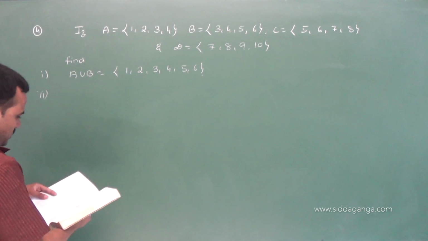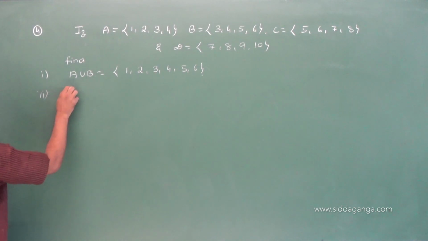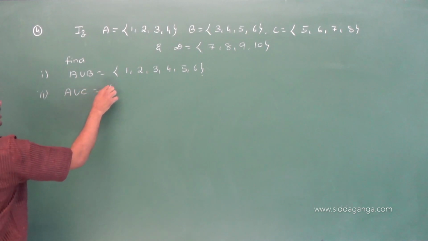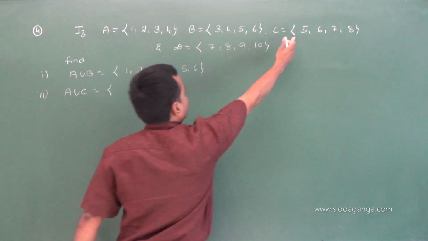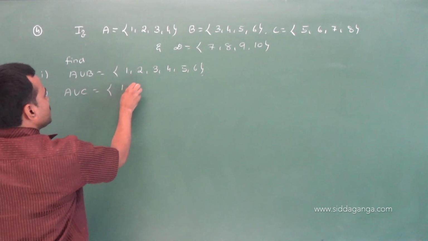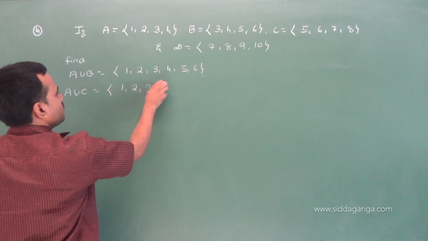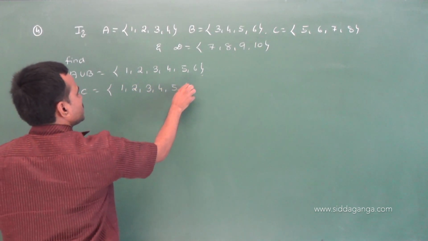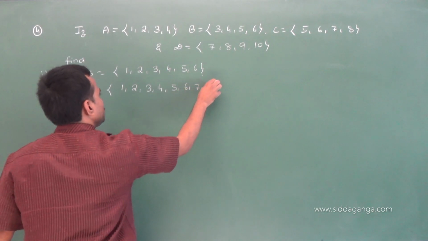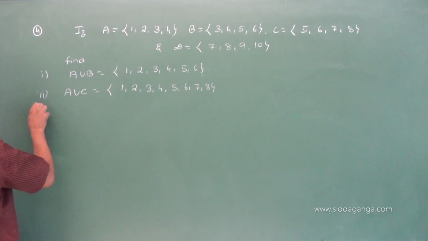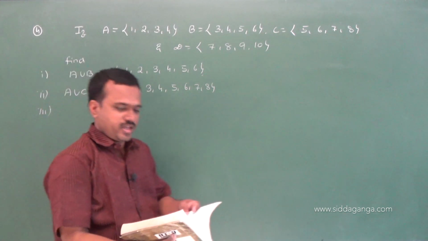Second one, A union C. A union C is {1, 2, 3, 4, 5, 6, 7, 8}.